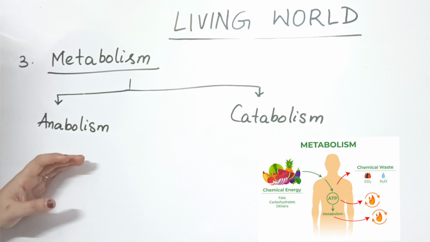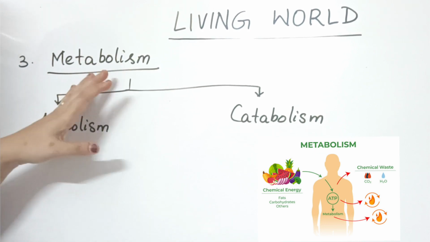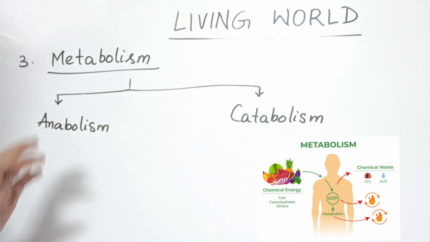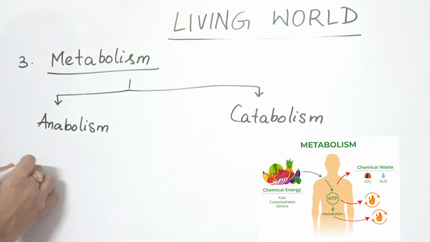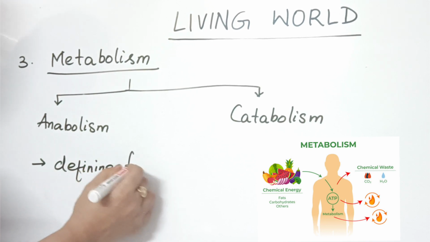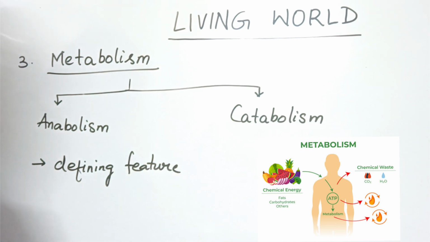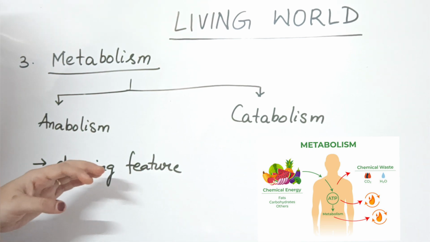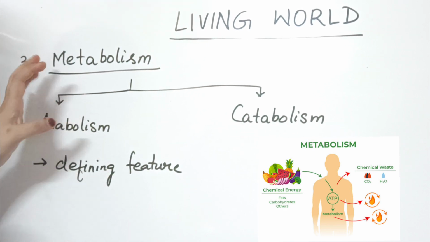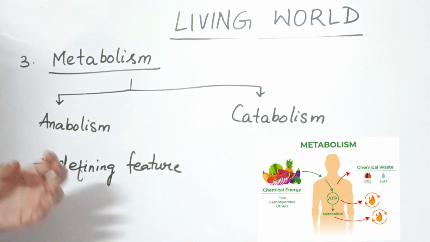Here for metabolism, there is no exception. In all the living organisms, it is carried out. Hence, we can say that metabolism is a defining feature in all the living organisms. Now, what is the minimum requirement for the cell? For a cell to carry out metabolism, the minimum requirement is cellular organization.